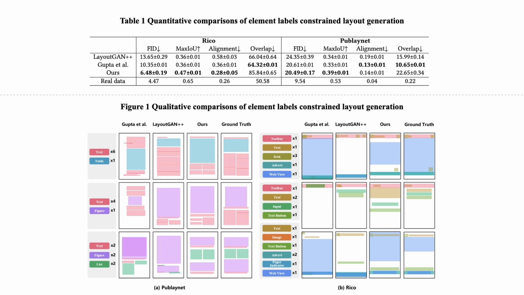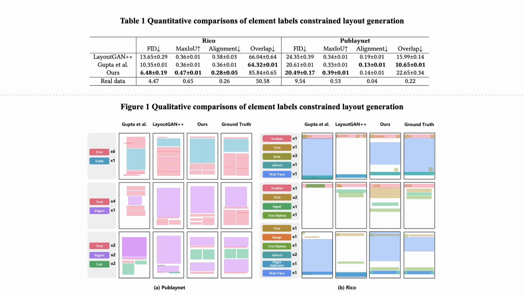This illustrates that the layout distribution learned by our model is the closest to the ground truth. In terms of aesthetics, our model also achieves the best or comparable alignment score, which benefits from the discrete representation of geometric parameters of elements.